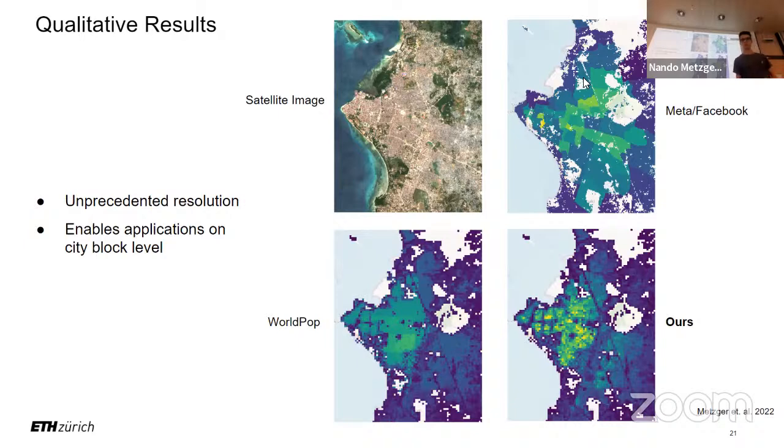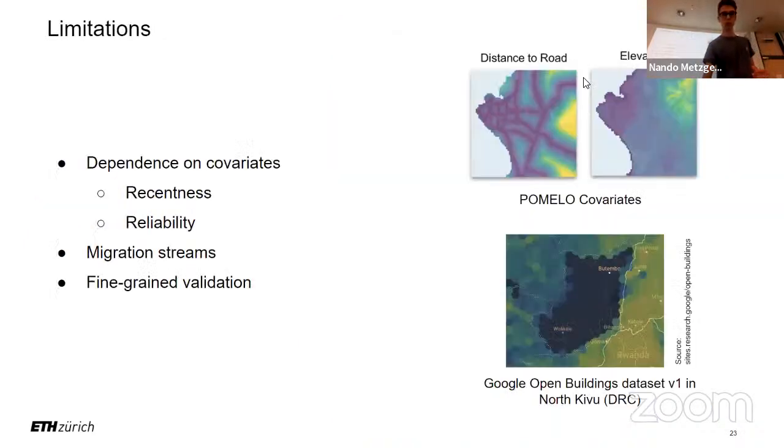So what are the limitations of this method? Basically, the first is that we are super reliant on those covariates. A lot of those covariates are out of date and also not really reliable. A significant part of the variables come from OpenStreetMap, which is very inhomogeneous, and sometimes the annotations are just missing for the current time frame.